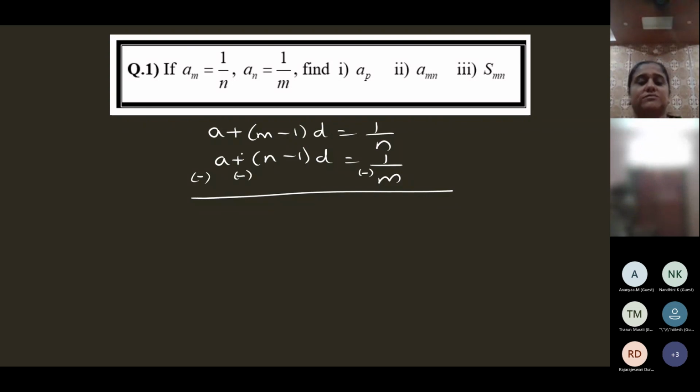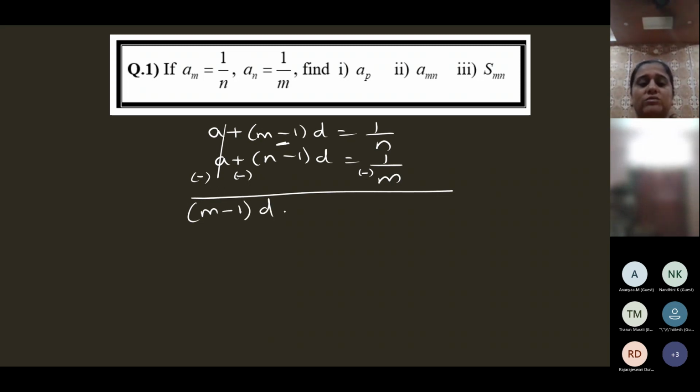Then A cancels. Yes, correct. Then what are the terms you have there? Up here, what do you have? Just write what you have here. m minus 1 into d.